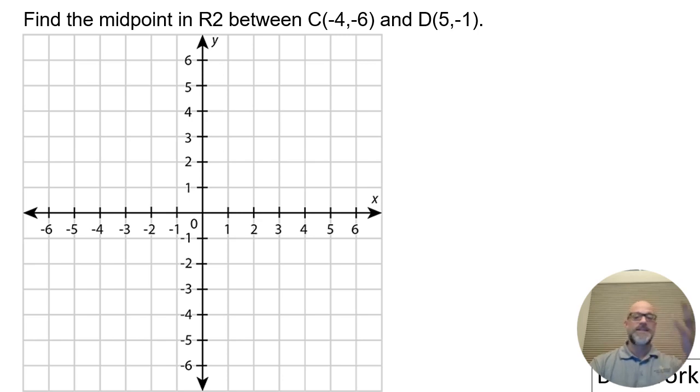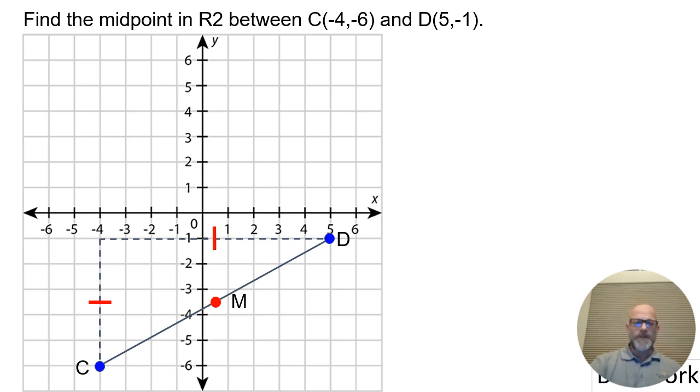2 approaches. First, easy approach: graph the ordered pairs, see where the midpoint is, draw a line through that, make a right triangle, and then make sure you're getting these right. We don't want lengths, we want the midpoint of the base and midpoint of the height, because that'll give me this ordered pair, which is the midpoint. Great, so what's my approach? How do I get the midpoint of the base?